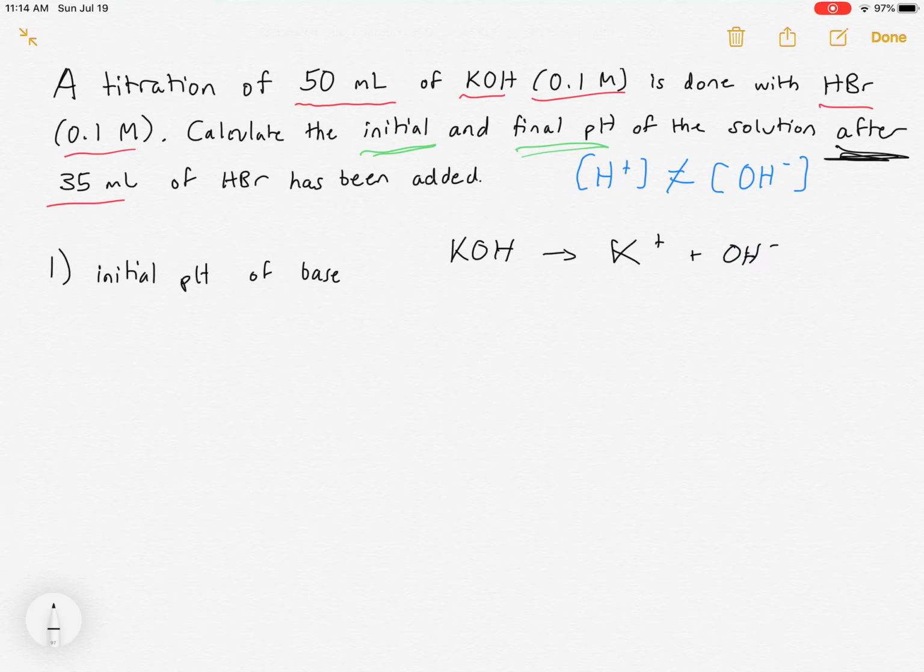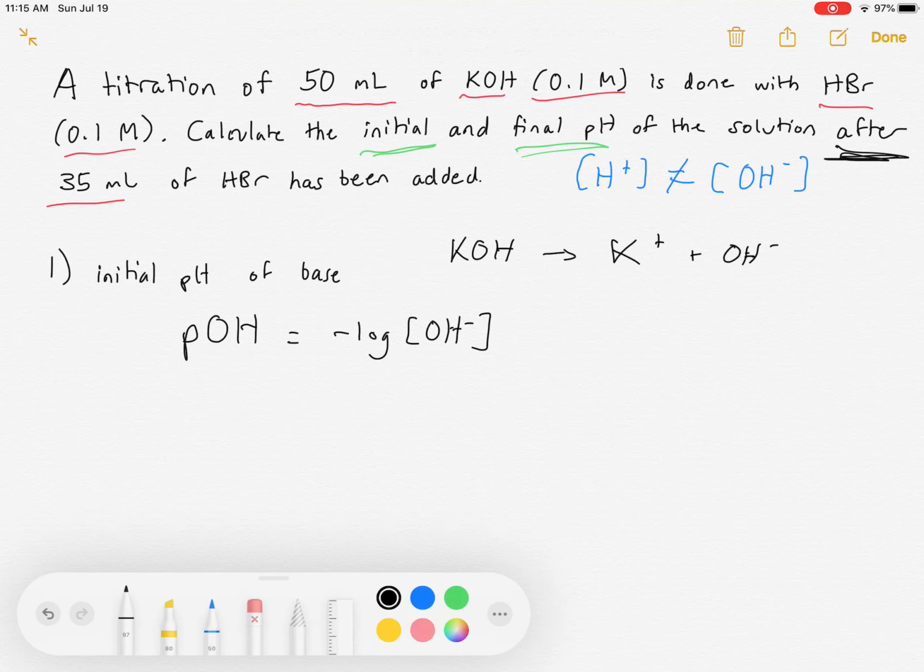So we know that because it's 1-to-1, the molarity or the number of moles of potassium hydroxide will be the same as the moles of OH. So we can find the pOH because we have the concentration of hydroxide.